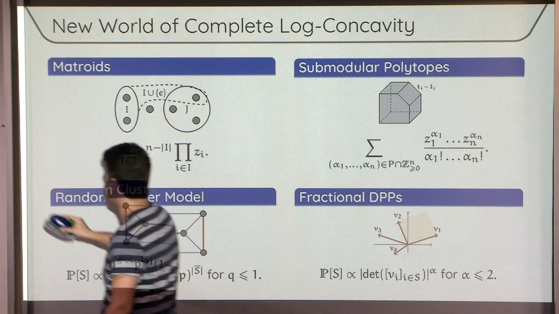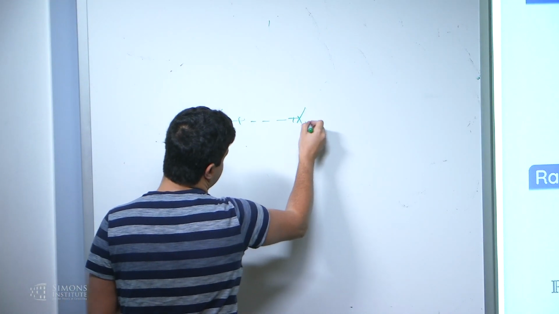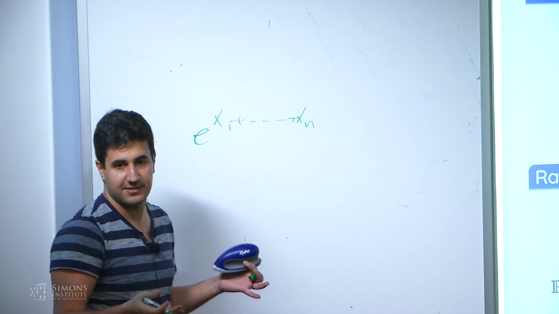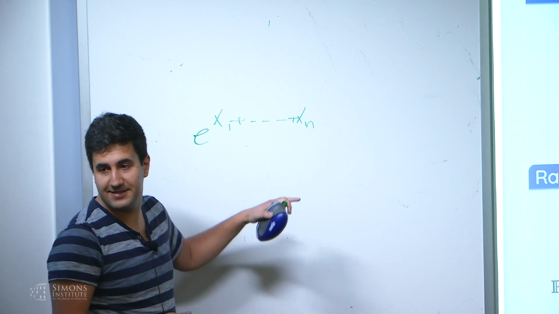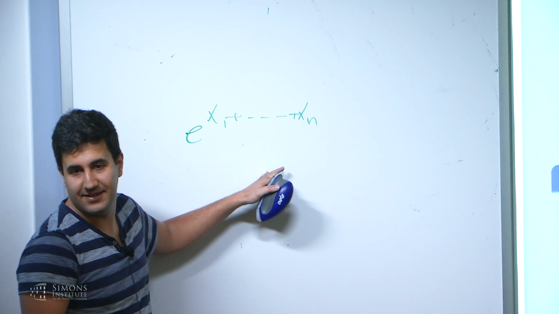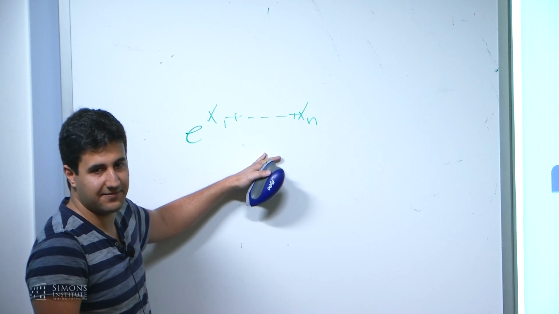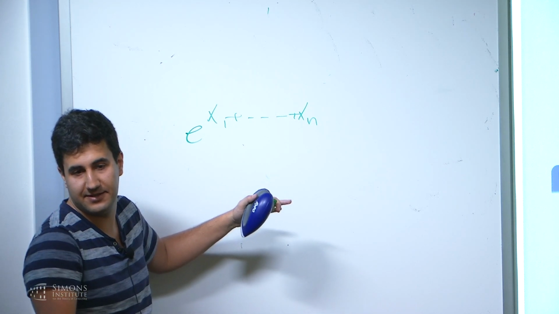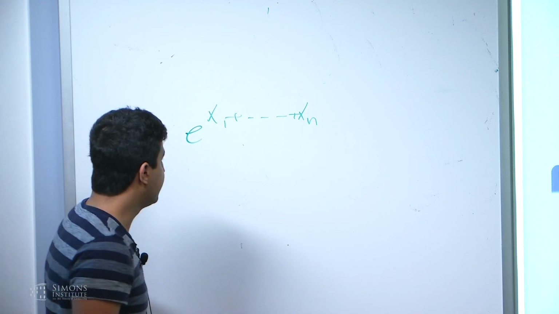So if you look at e to the x1 up to xn, this has some Taylor expansion, right? By the way, this is not a polynomial, but you can see that it's CLC. If you take any number of derivatives of it, it's going to be a multiple of itself, and when you take the log, it's going to be a linear function, which is concave, right?